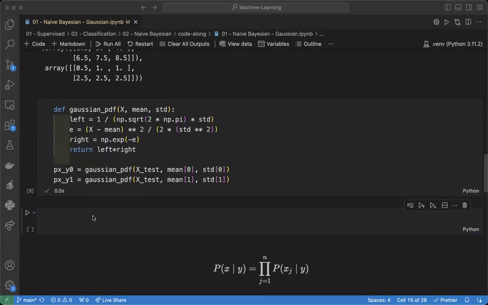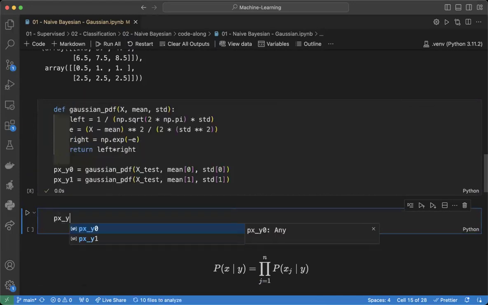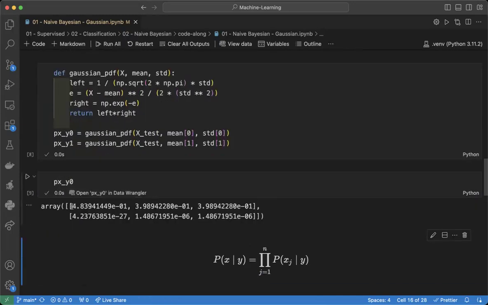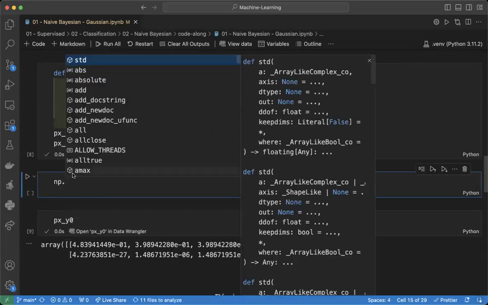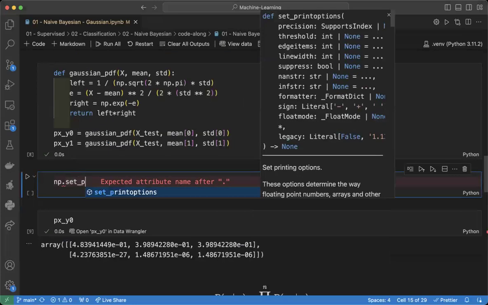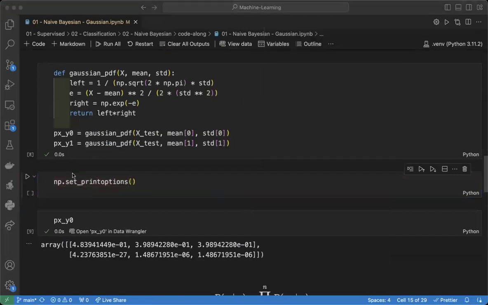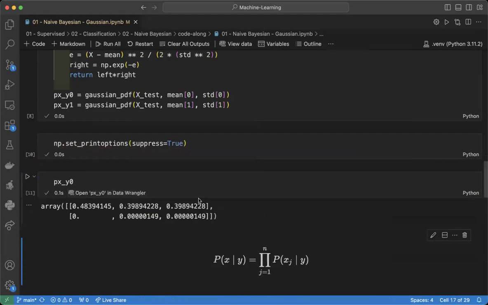So let us take a look at how this looks. So p of x given y0. What does this number actually mean? Why not we do something nicely? We're going to say np dot set print options, suppress equal to true, so that the numbers look better.